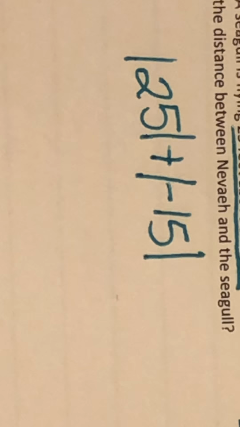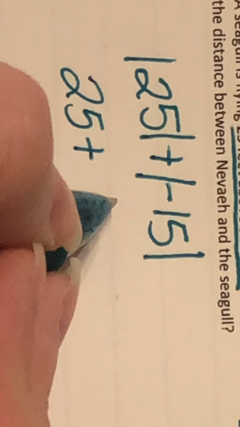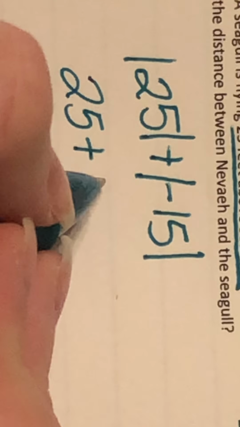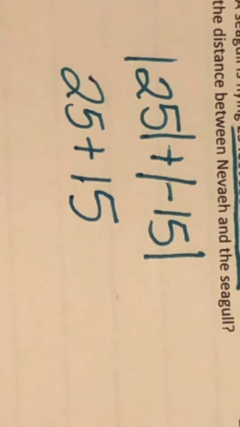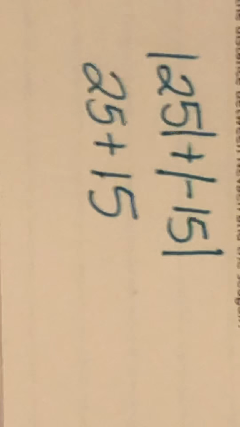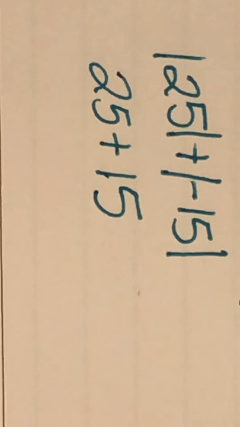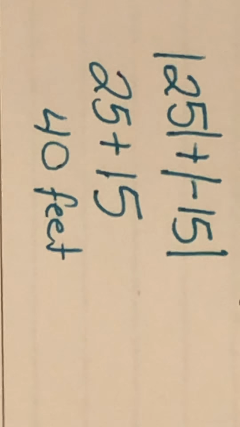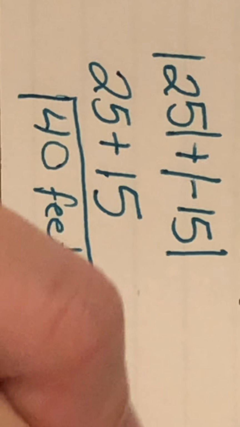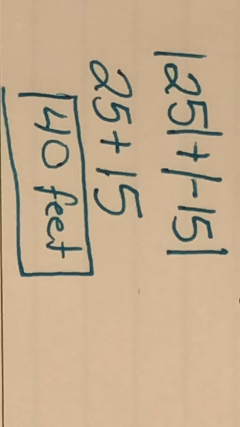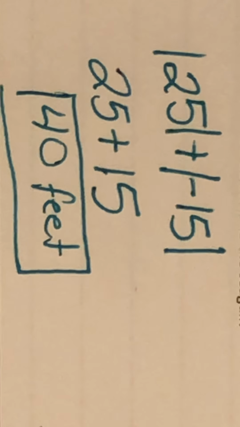So the absolute value of 25 is 25. My symbol stays the same. The absolute value of negative 15 is 15, and then I add these together. 25 plus 15 is 40 feet. Okay. And that is the end of lesson 2.